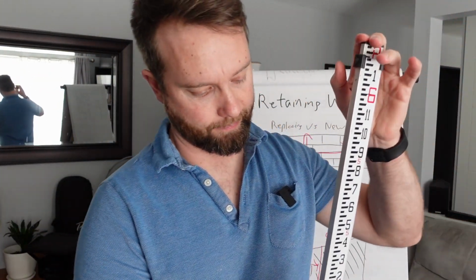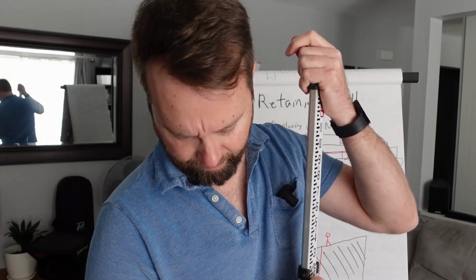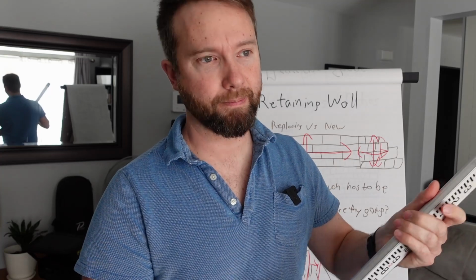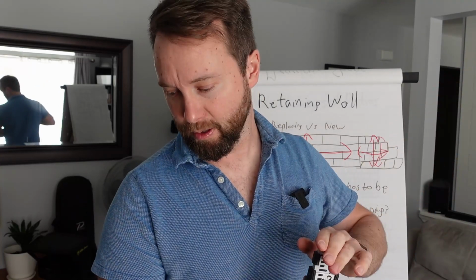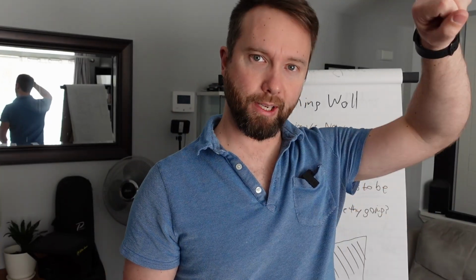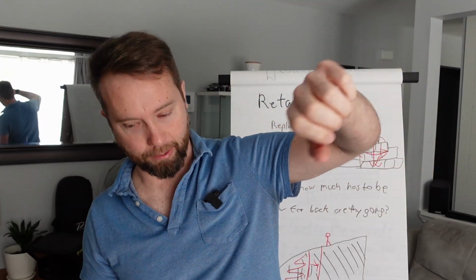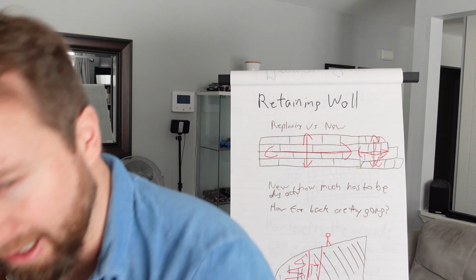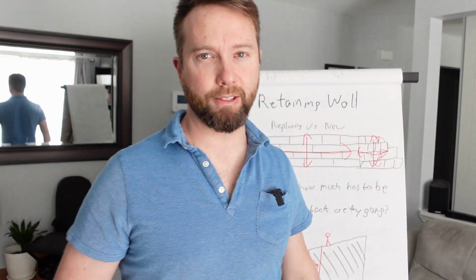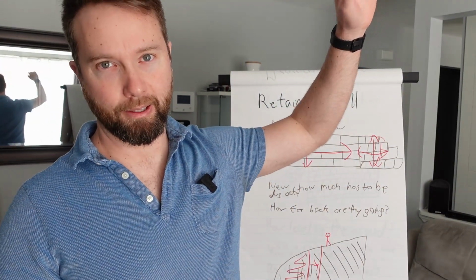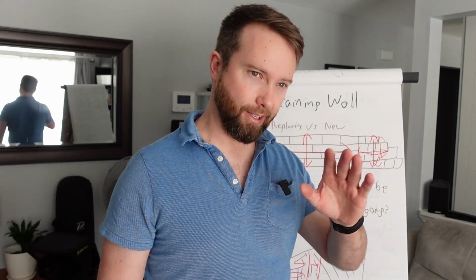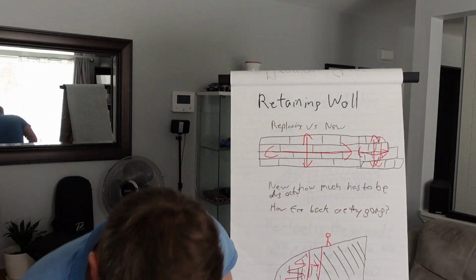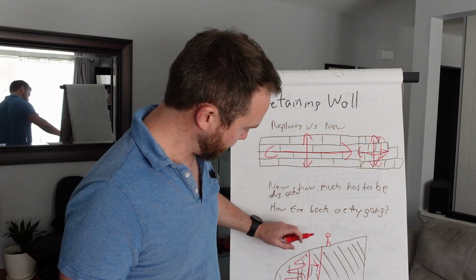Now if the wall isn't too high, you can usually eyeball it, or just grab a measuring tape and eyeball it that way. I really only use the laser level when it's a really high hill that I can't actually just eyeball. So the laser level would be up here.